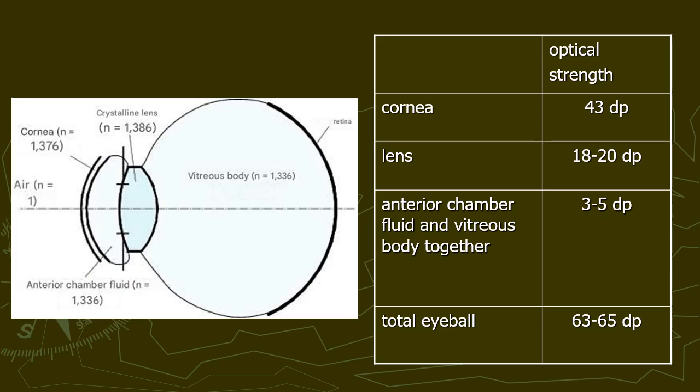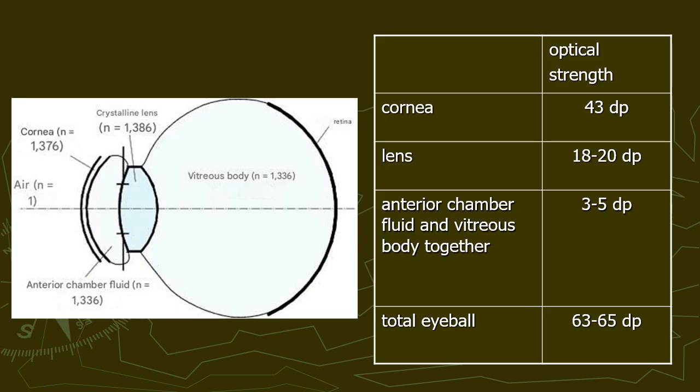We see this, 43 diopters. The lens has an optical power of 18 to 20 diopters, although, as we have seen, the refractive index here is the largest. The anterior chamber has an optical power of 3 to 5 diopters. The total optical power of the eyeball is 63 to 65 diopters, somewhere an average of 60 diopters is written.